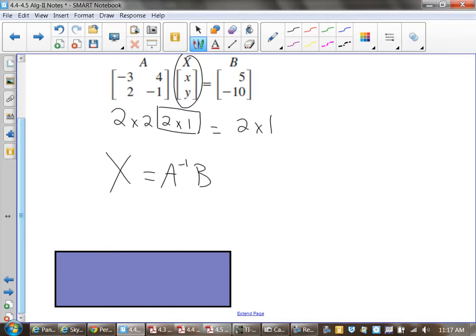Matrix B, is it a 2 by 1 or a 1 by 2? 2 by 1, good. This time you're just finding x. I'm not creating a column equation. I'm going to show you real quick what you're finding here. So go back to your alpha zoom, and it's a 2 by 1 now. 5, -10.